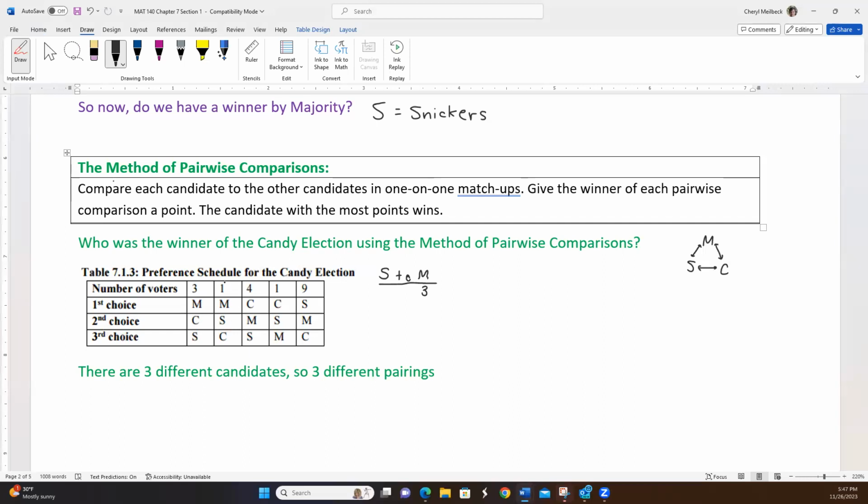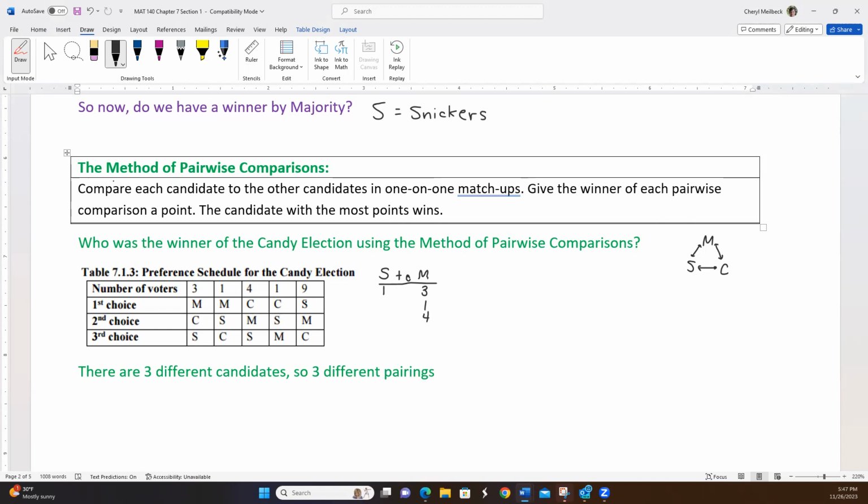In my second column that had only 1 person choose it, M was ahead here also. M was above S, so M gets 1 point. In my third column, again, M is above S, so M gets these 4 points from that column. In my fourth column, S is second and M is third, so S gets the 1 point here.